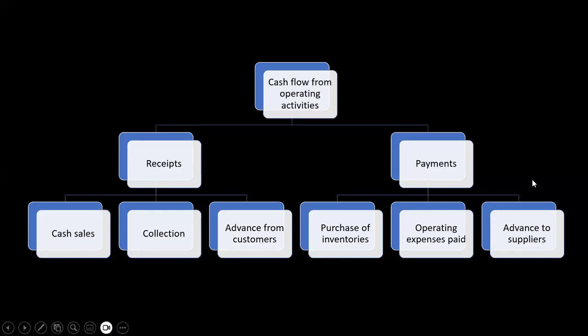The corresponding payments are purchase of inventories, operating expenses paid, similarly advance to the supplier. Advance to the supplier is actually an asset because you'll get back money or you will get the asset to that extent.